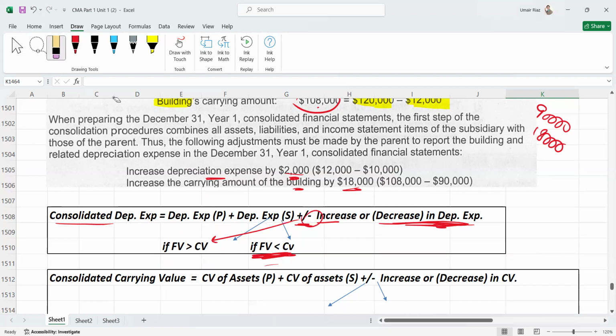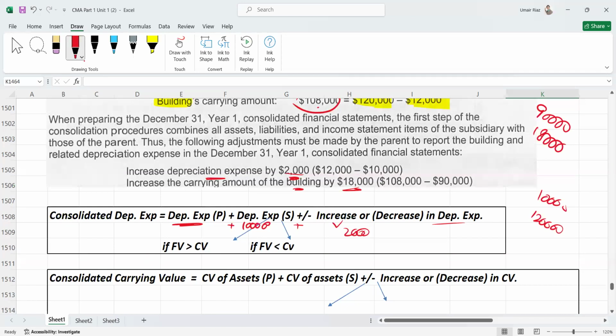How would you calculate consolidated depreciation expense? You take the parent's depreciation expense, then add the subsidiary's depreciation expense, for example 10,000. Then you add the increase in depreciation expense, which is 2,000. How did you get 2,000? The difference between the old depreciation of 10,000 and the new depreciation of 12,000 based on fair value.